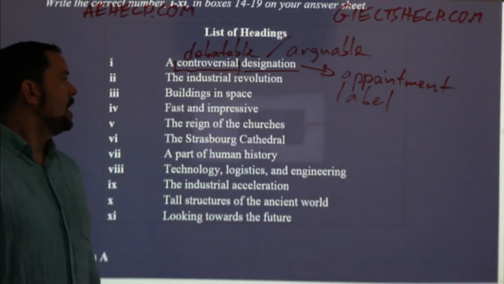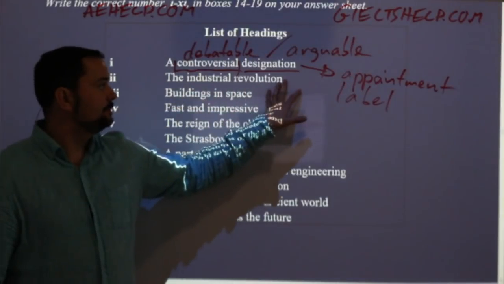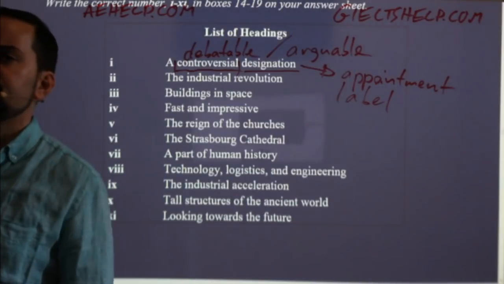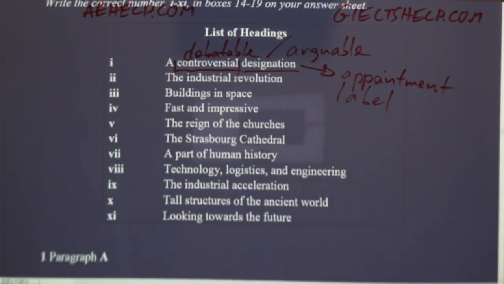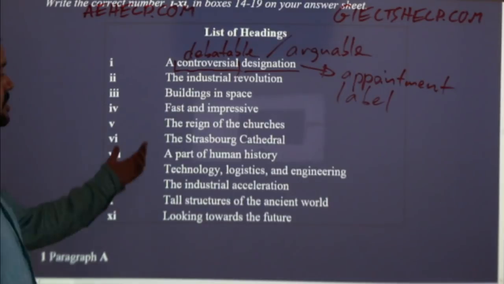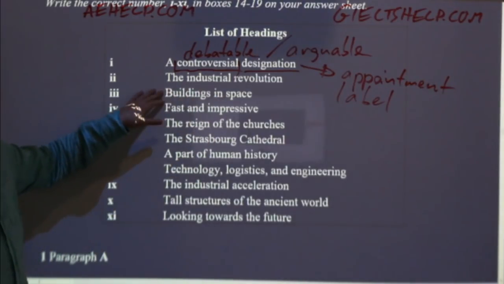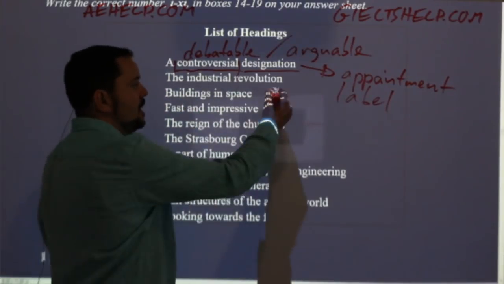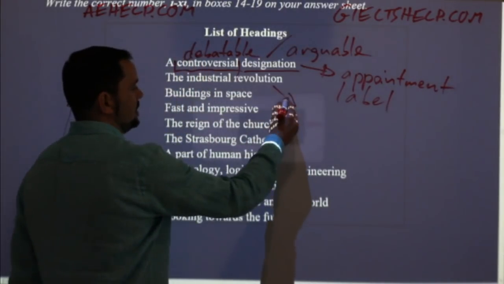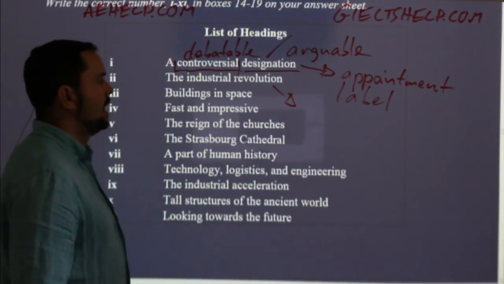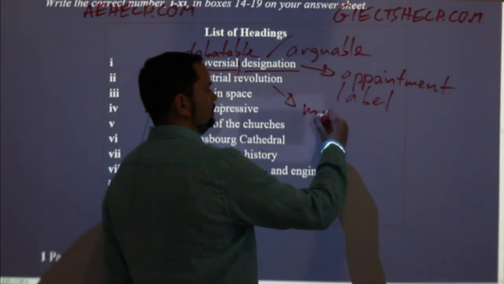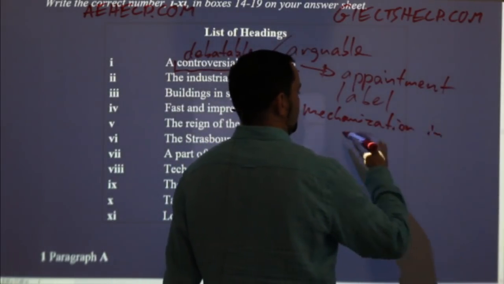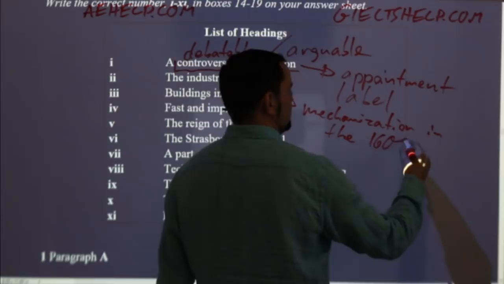All right, good. The Industrial Revolution. What's another way to say the Industrial Revolution? It's a kind of a tricky question, but it's possible to paraphrase even this word, the Industrial Revolution. You could think about it as mechanization in the 1600s.